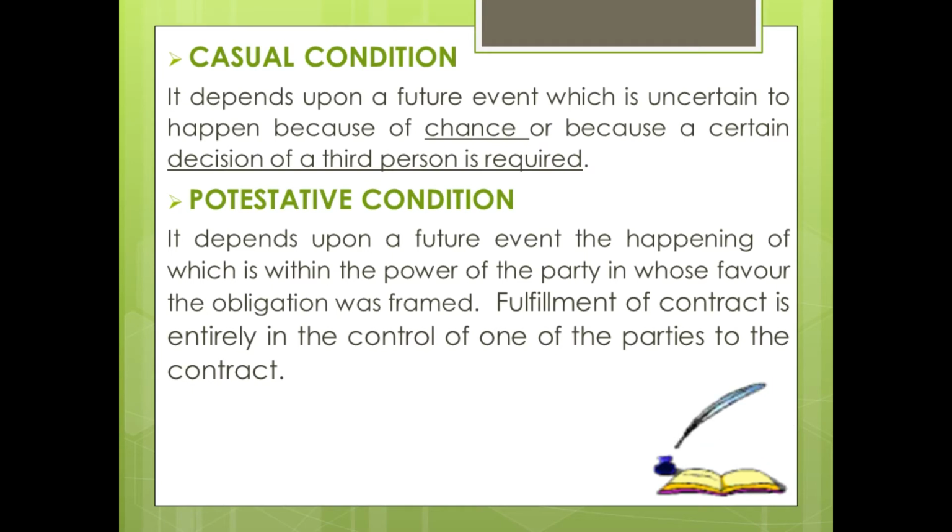So this one is like take it or leave it. That is a potestative condition. One is in control of the contract, and fulfillment of the contract is dependent on that party who has the power to make the contract go on.